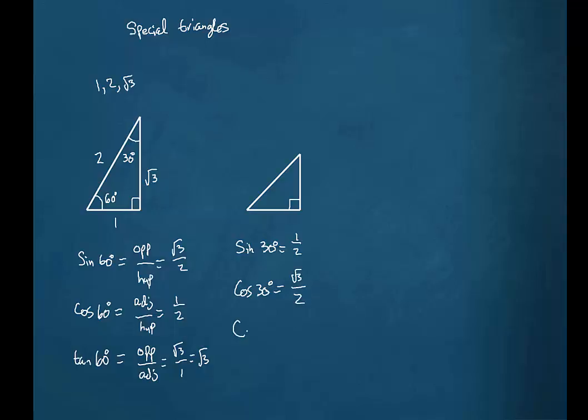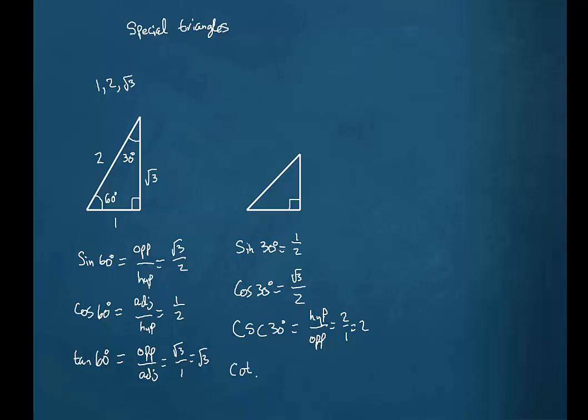Let's think for a second about the cosecant of 30 degrees. The cosecant is defined as the hypotenuse over the opposite. So that would be 2 over 1, or 2.